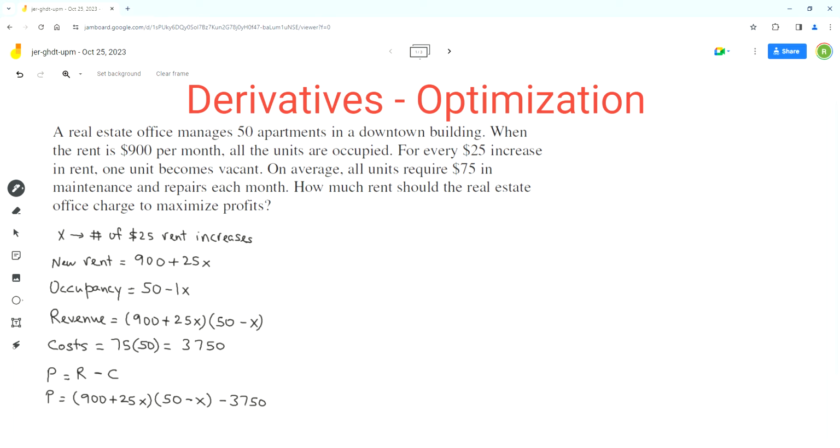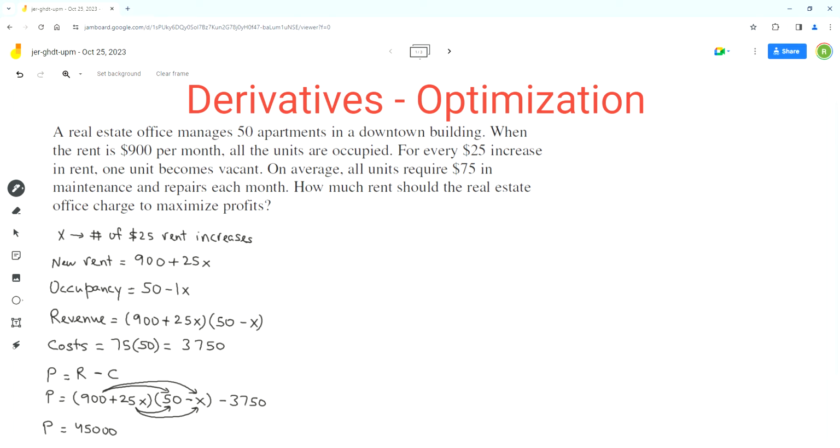So here we can use FOIL to distribute the terms in the parentheses. So we'll multiply 900 by 50, then 900 times negative x, then 25x times 50, and then 25x times negative x. So we get P equals, so 900 times 50 is equal to 45,000.